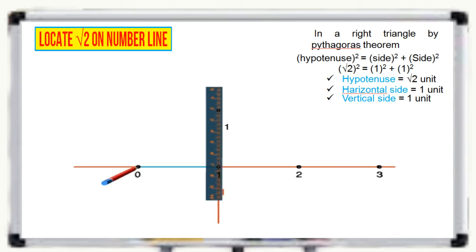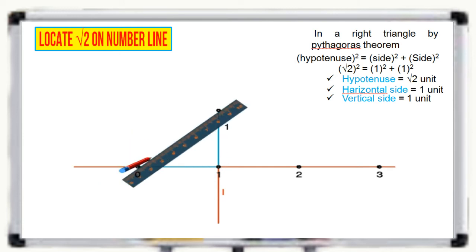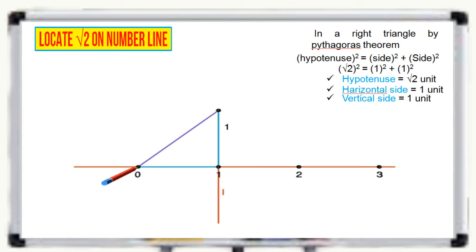So now we have to draw a hypotenuse. This hypotenuse is square root of 2 units by Pythagoras theorem. Now take a compass in your hand and draw an arc with radius root 2 and center as 0.